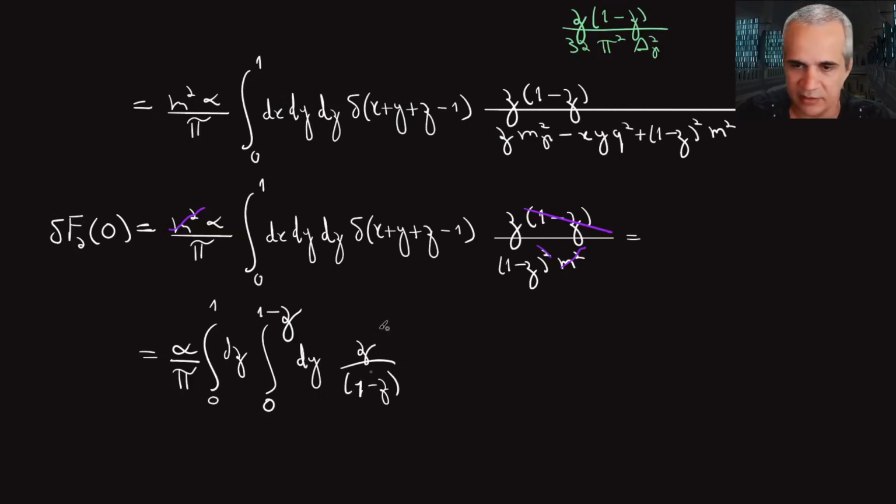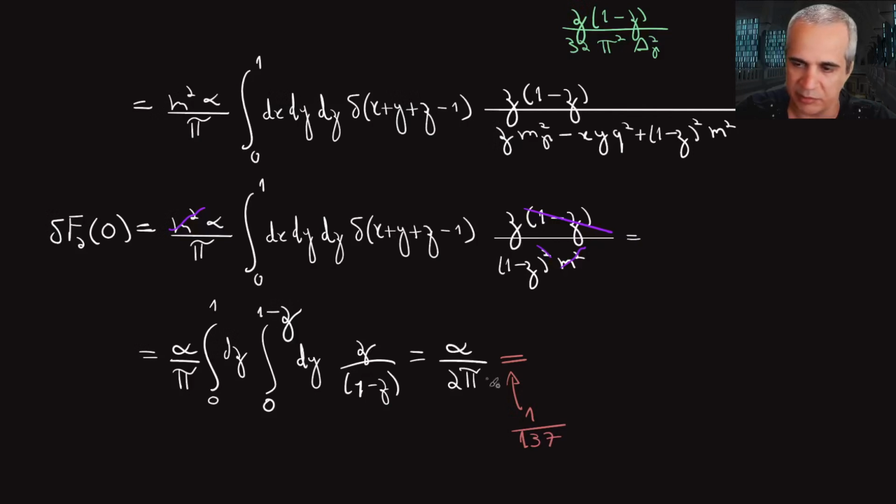And that's just, you can integrate that really quickly, and that's just 1/2. So this is alpha over 2 pi. Which, if I plug, and that's very important. Suppose I want to use the number we know by heart for alpha, which is 1 over 137, right?